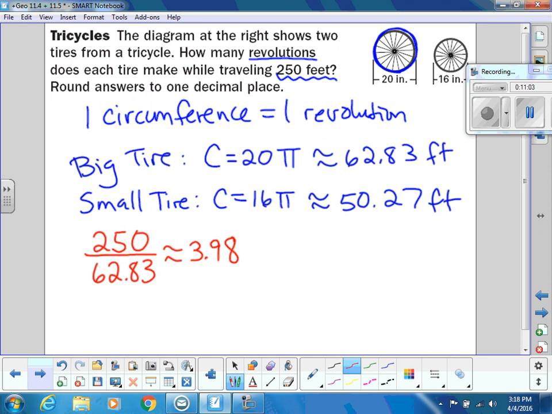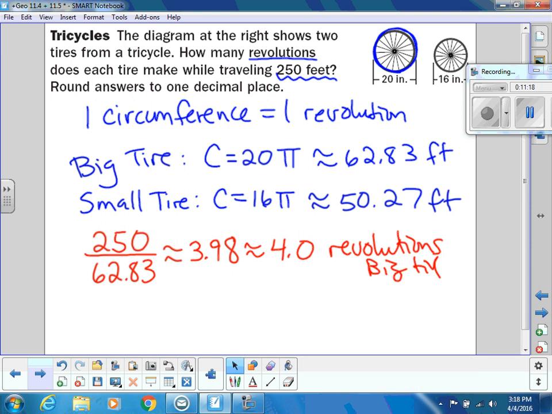And it says to round answers to one decimal place. So I would actually round that up to 4.0. So 4.0 revolutions for the big tire. And then for the small tire, we would do the same thing, but for its circumference.